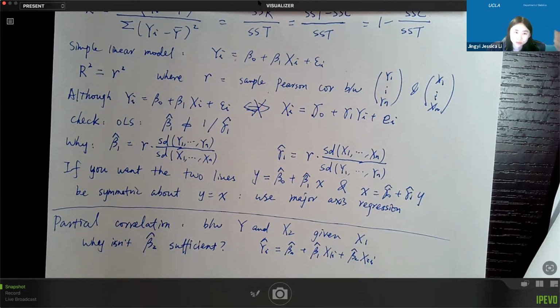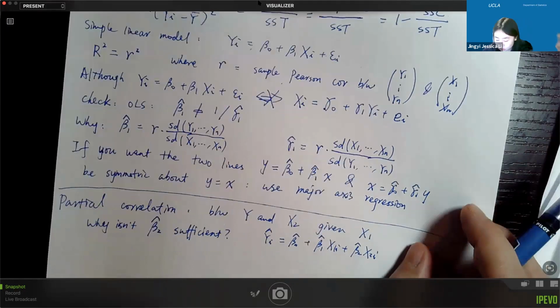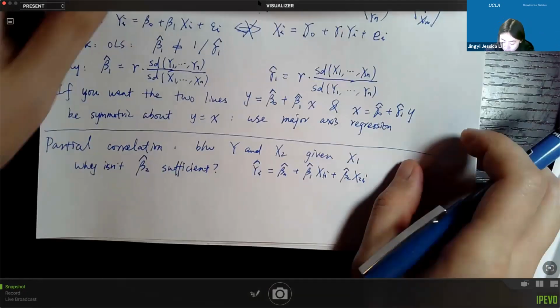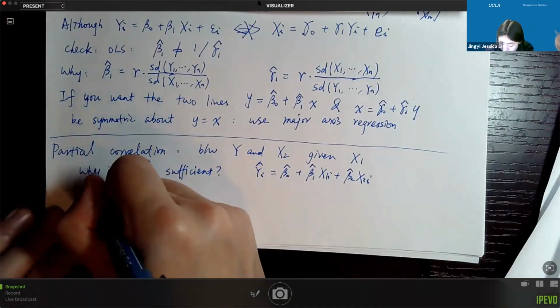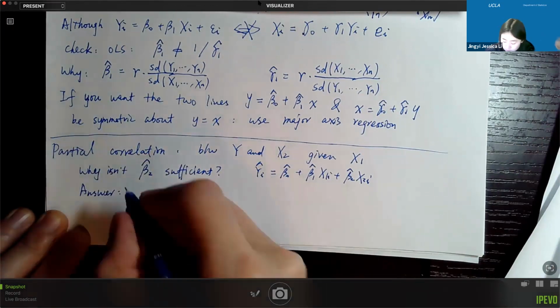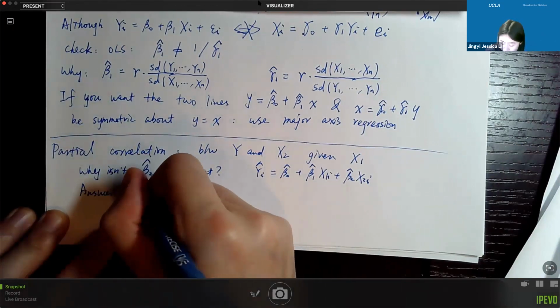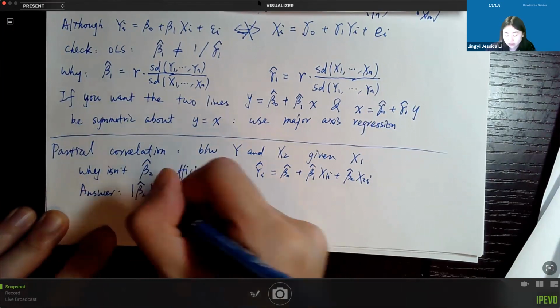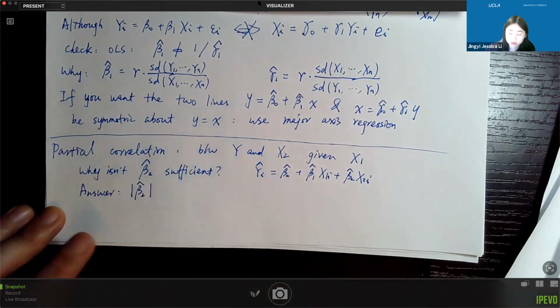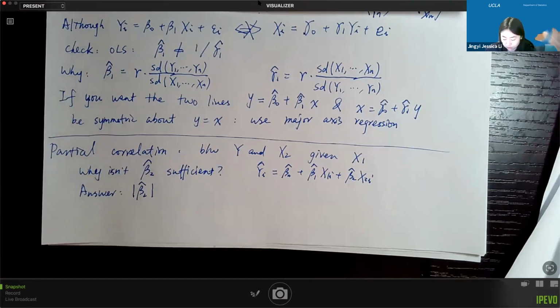The reason why this is not sufficient is because this thing is not scale free. So the absolute value of beta 2 hat, because usually we don't care too much about the sign. The sign just means the direction changes, but it's not the magnitude, right?